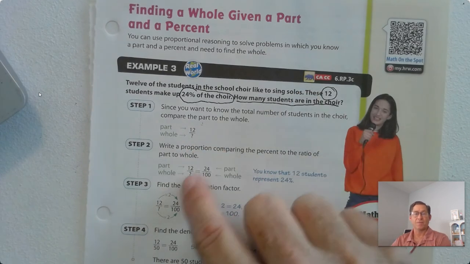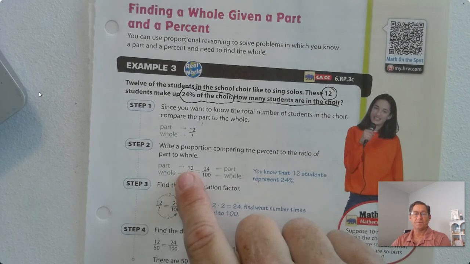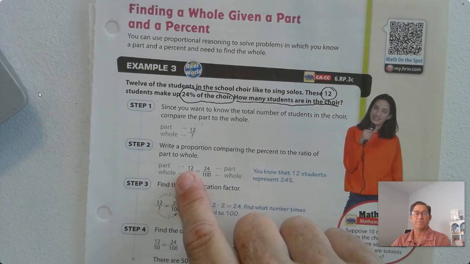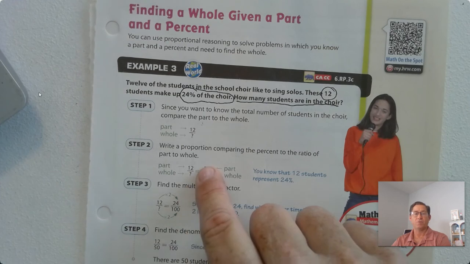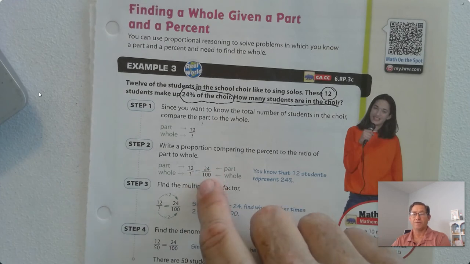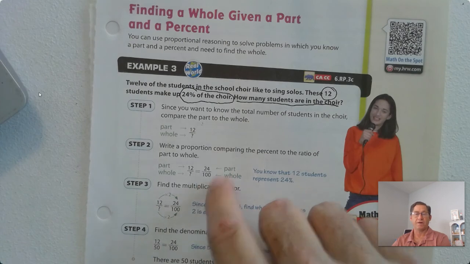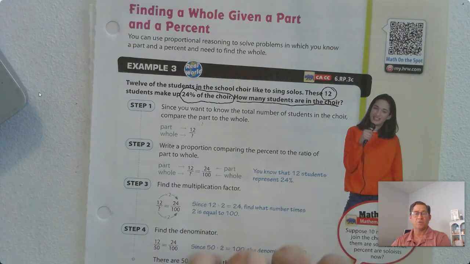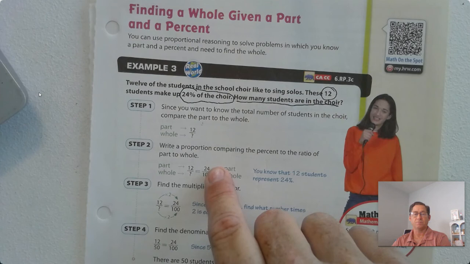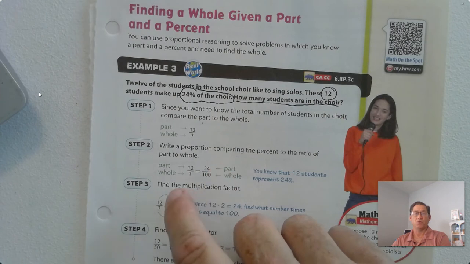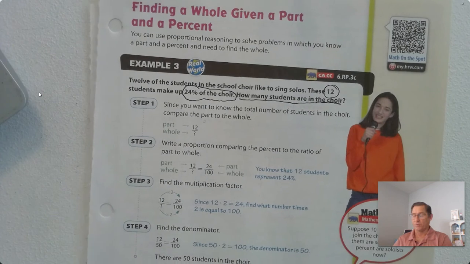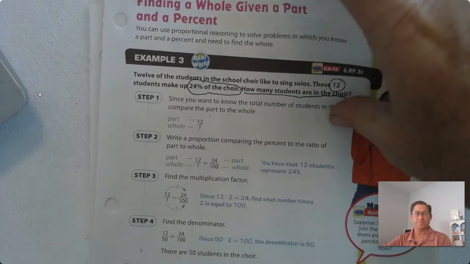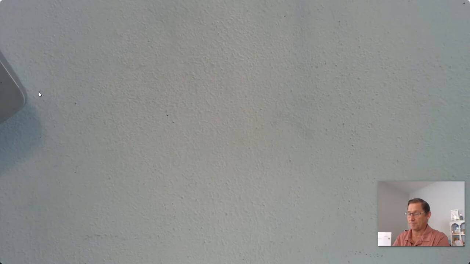So let's set up the proportion, comparing the percent to the ratio of part to whole. So 12 over something equals 24%. Well, percent means out of 100, so 24 over 100. How do we go from 12 to 24? We multiply by 2. So what number times 2 is 100? 50. So there's 50 students in choir.